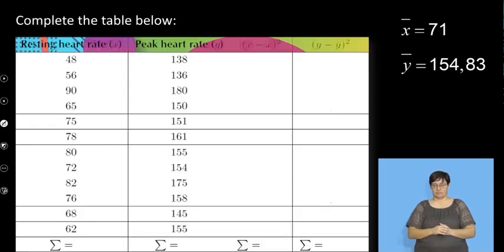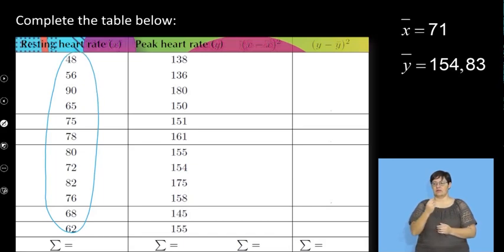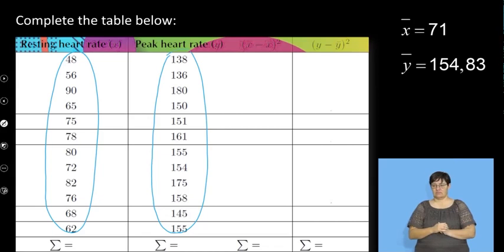Then from there, this is what we have. The resting heart rate, we can see that. And in this table, we have the peak heart rate. Another thing I have to do is to find X minus the mean, squared. So it's just X minus the average. Then I square that.